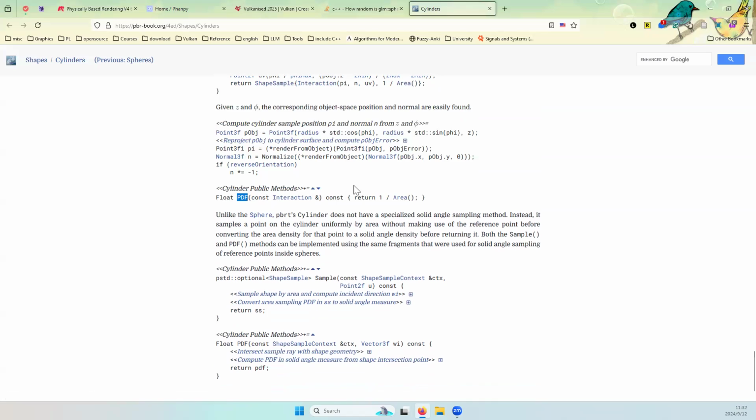And the PDF is just uniform. Unlike sphere, cylinder does not have a specialized solid angle sampling method. That makes things much easier.